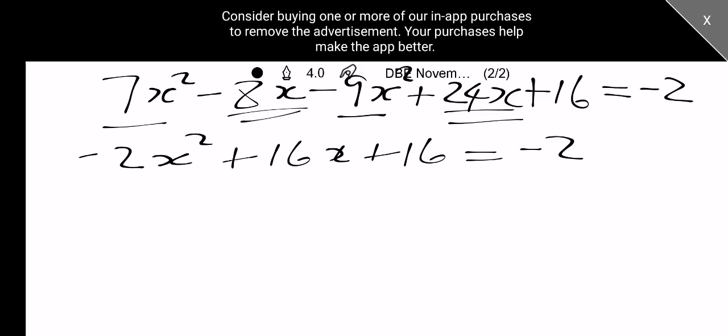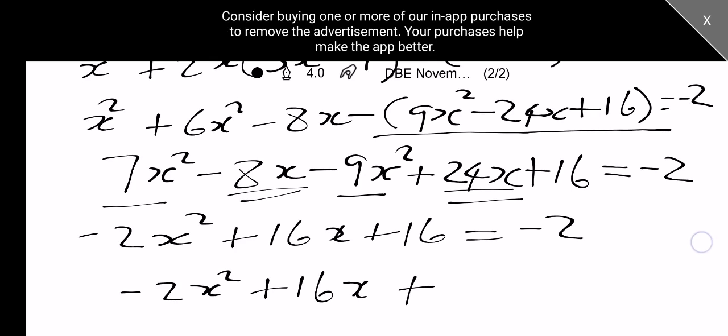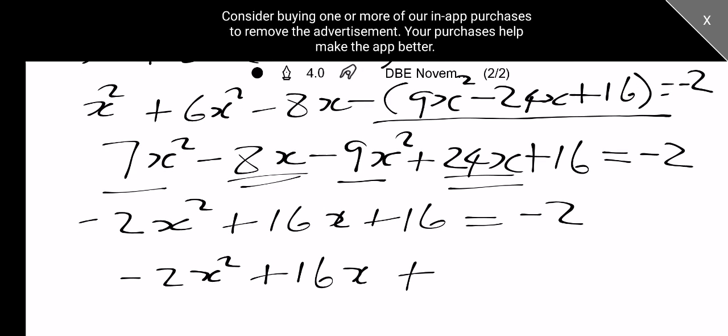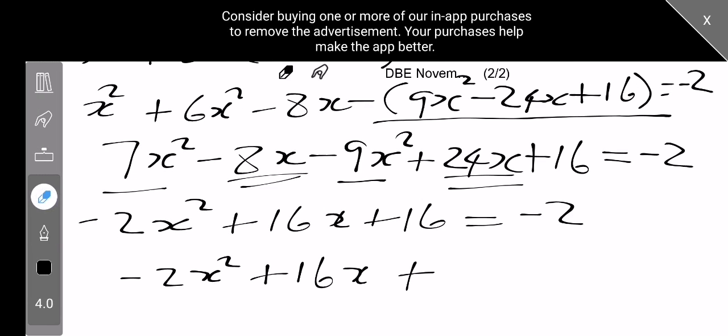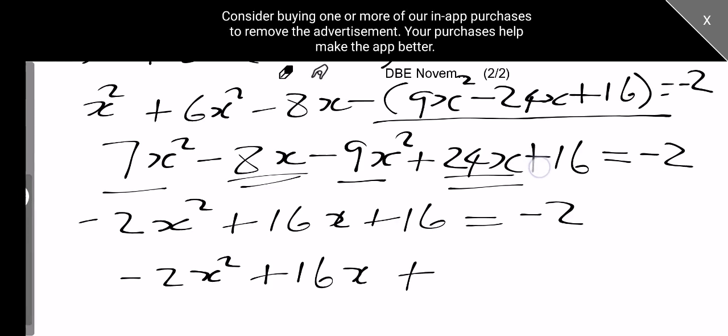Let's take the 2 to the other side. Sorry guys, I realized I made a mistake here. Sorry about that.